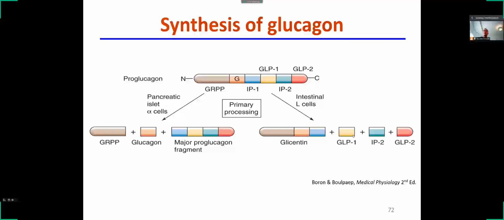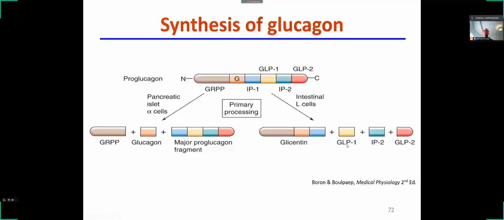In pancreatic islet alpha cells, which we discussed when we were talking about different cell types, is where it gets processed. This gene gets processed into glucagon, okay? And in L cells is where the same gene leads to the production of GLP-1.